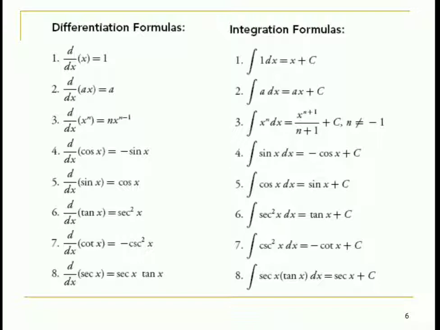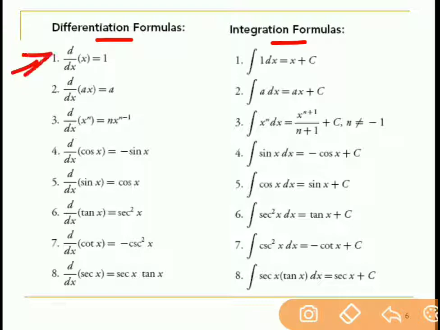Now, let's move further. There is a connection between differentiation and integration. Integration is called anti-differentiation. How? Let's look over here. These are certain formulas related to differentiation. First formula is dx by dx is equal to 1, and integration of 1 into dx is equal to x.